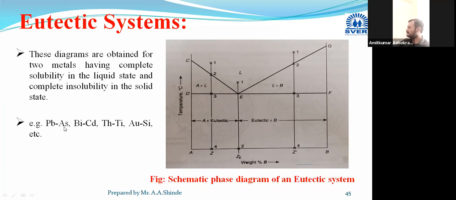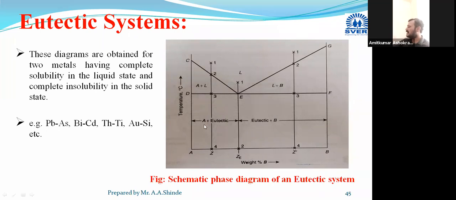Suppose this is the system for PbAs, that is lead and arsenic. Pb is lead, As is arsenic. If the lead and arsenic system is there, then in liquid state they will get dissolved in each other and only one liquid will be visible. But when they are in the solid state, you will be able to see the mixture of the two elements separately, lead and arsenic.